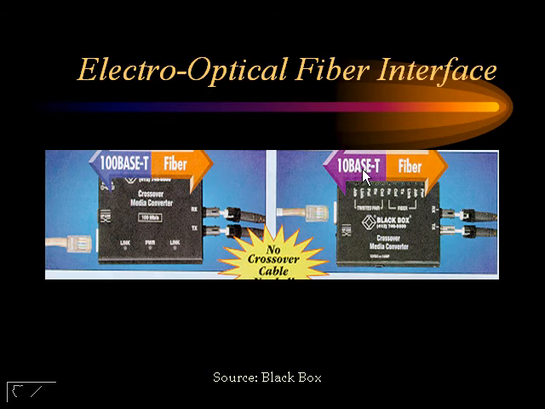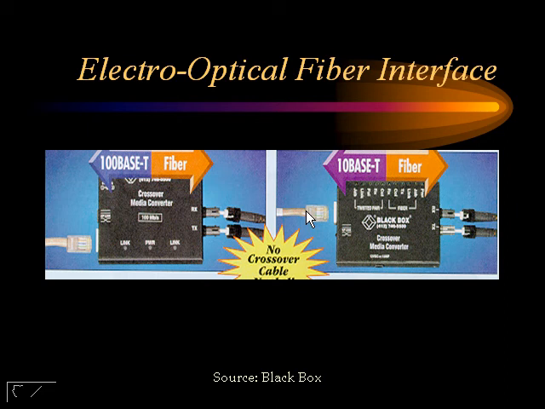In the second example, we see a conversion again from electronic to optical signals, but in this case, on the left hand side is a local area network that operates under the 10 base T standard. 10, incidentally, is the speed of the network that operates at 10 megabits per second. Base indicates that it's an Ethernet network, and T indicates that it uses twisted pair wires.